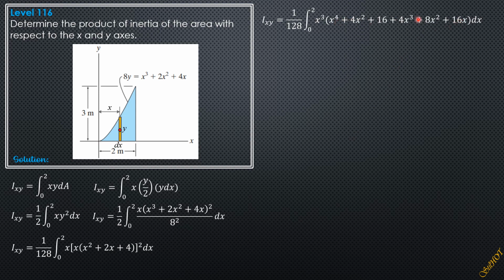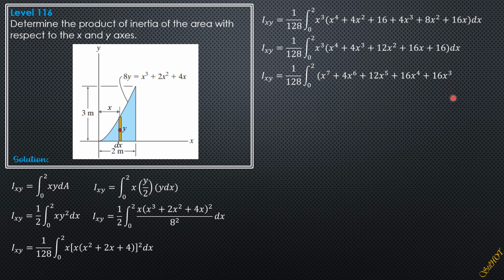Then simplifying, combining like terms, Ixy equals 1 over 128 integral 0 to 2 of x times quantity x to the fourth plus 4x cubed plus 12x squared plus 16x plus 16 dx. So Ixy equals 1 over 128 integral from 0 to 2 of x to the 7 plus 4x to the 6 plus 12x to the 5th plus 16x to the 4th plus 16x cubed, quantity dx.